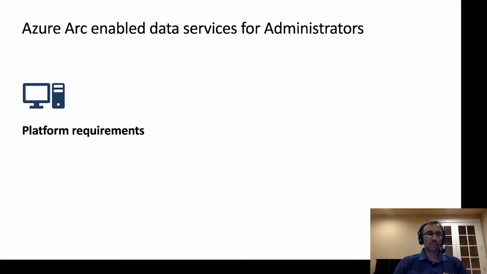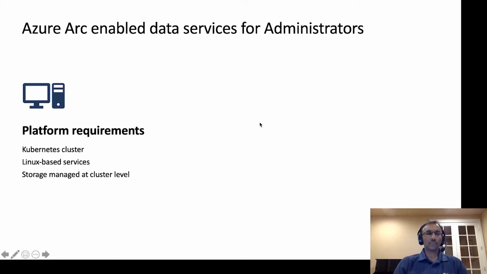So let's first look at the platform requirements. The entire Azure Arc Data Services is deployed on top of a Kubernetes cluster. This is something you need from an infrastructure standpoint, right? So this is a new requirement. You may have an existing Kubernetes cluster which you can leverage, but this is a fundamental requirement.